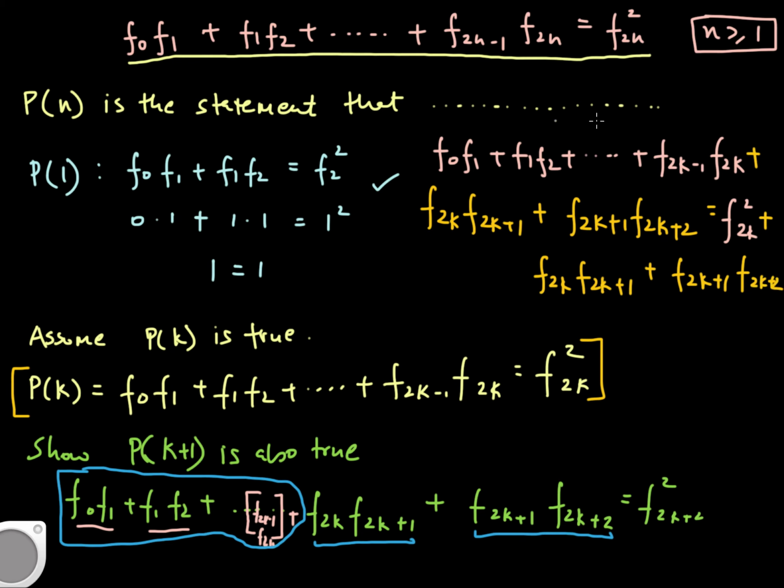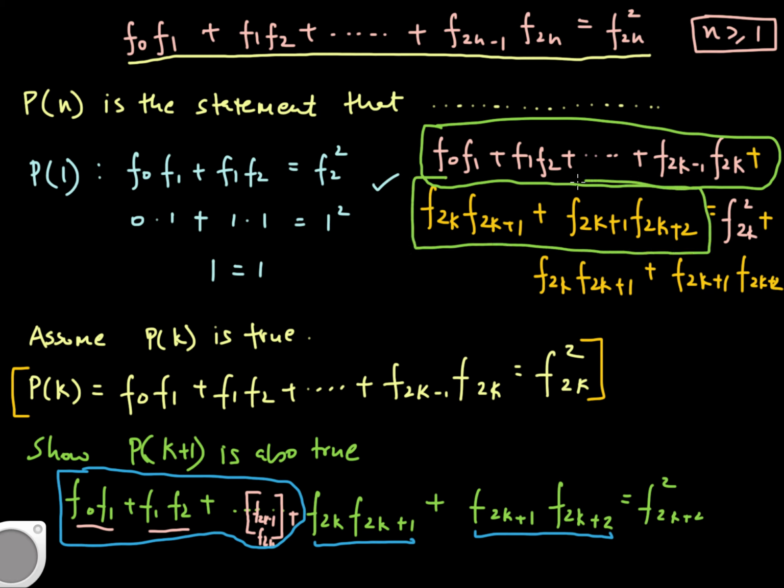Now you can see that this entire piece in green, which is this piece and this piece, everything green is now equal to p of k plus 1.